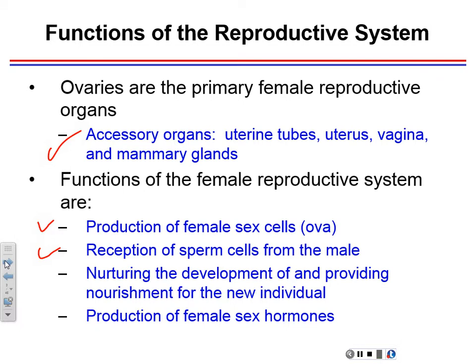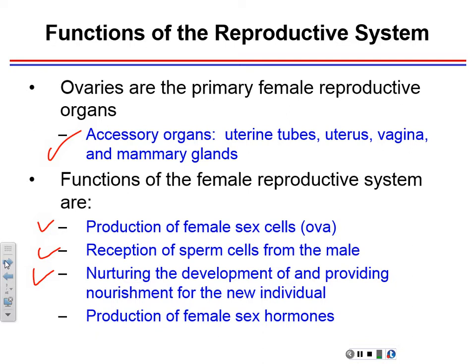It gives it the final ability to fertilize, and it makes the acrosome able to release those enzymes. It removes certain glycoproteins during capacitation. So that's another function. There is also nurturing and developing the offspring, because it grows in the uterus of the female. So the female takes the bulk of the responsibility for reproduction.